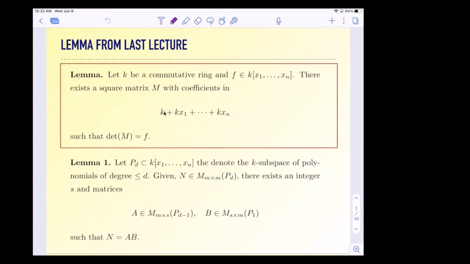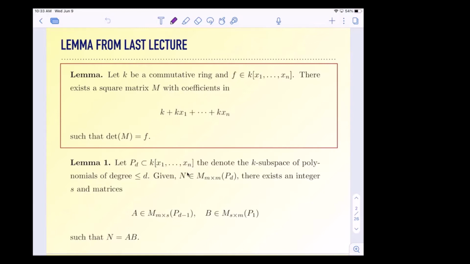It's not completely obvious. So let PD denote the K subspace of polynomials of degree less than or equal to D. Given a matrix with coefficients that are polynomials of degree at most D in these variables x1 through xn, there exists an integer s in matrices.